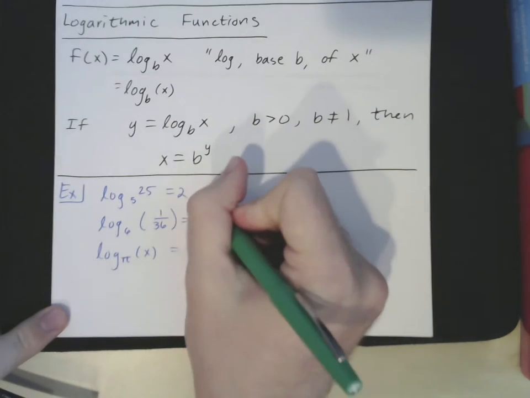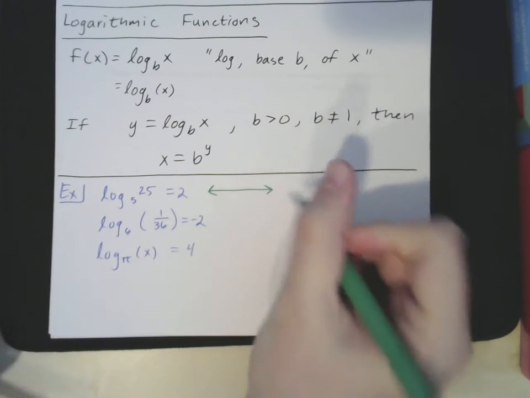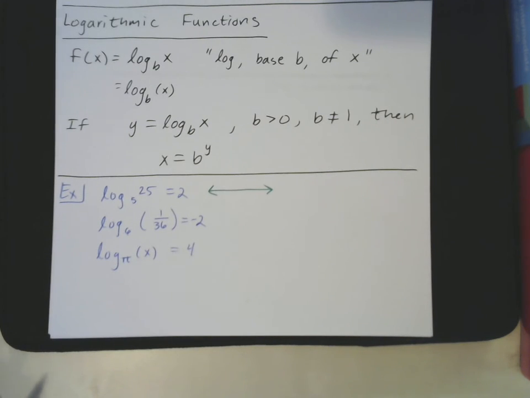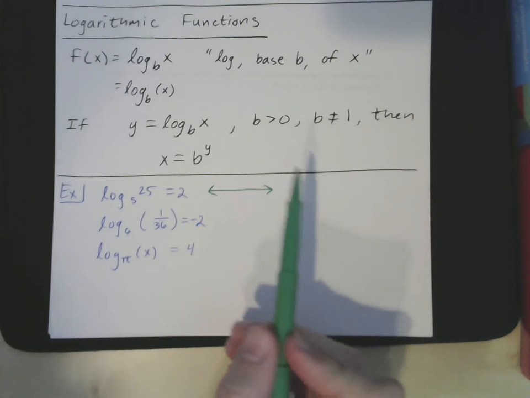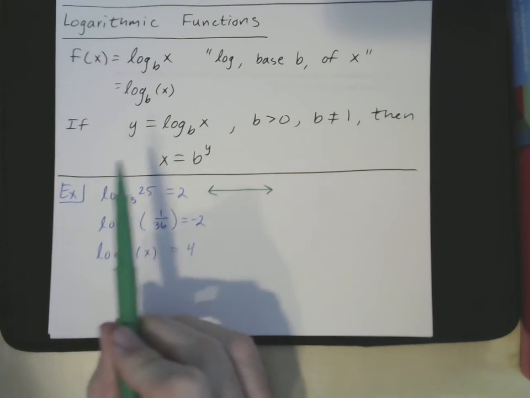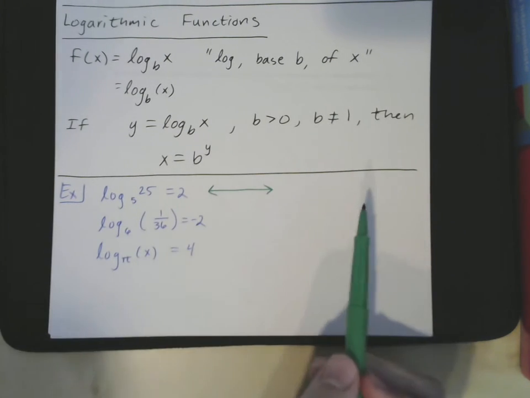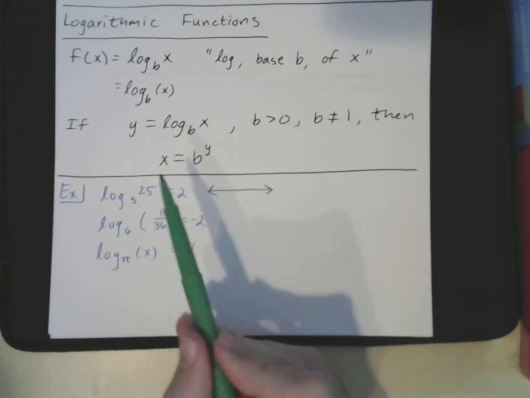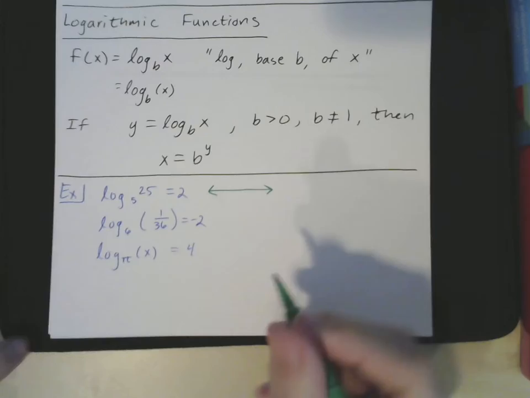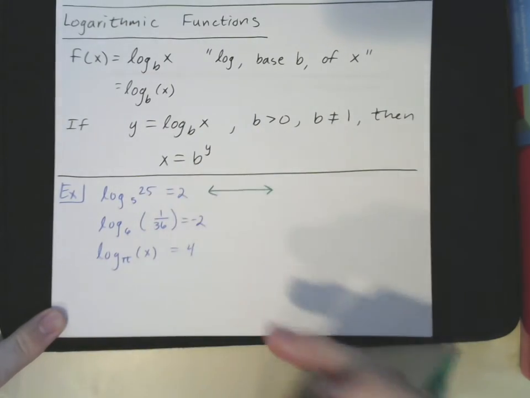So when you are switching between, it is a two-way street, so to speak. You can go from logarithm to exponential, and you can go from exponential to logarithm. So a lot of times we solve our logarithms by going to the exponential because we understand exponents more than we understand this weird logarithm thing.